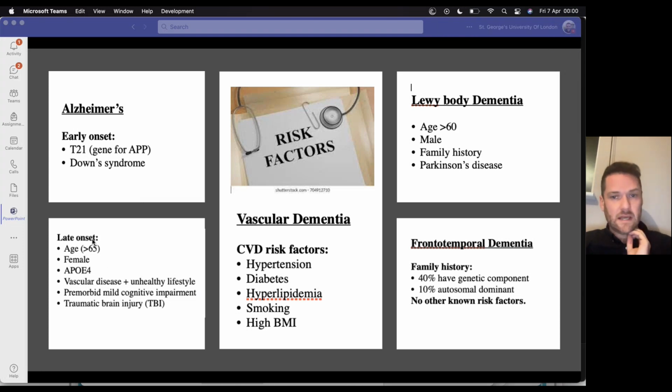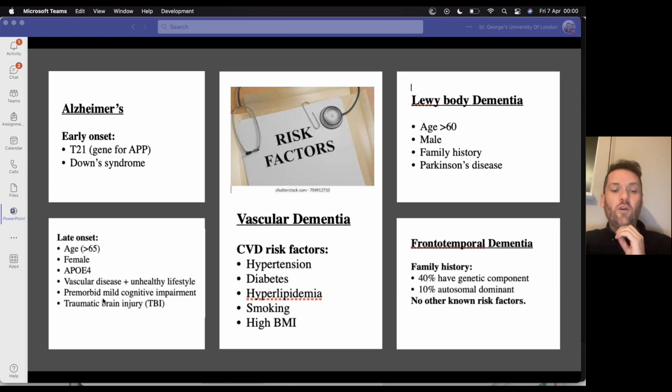But in terms of late onset, how most of us think of Alzheimer's, your typical patient, you're looking for her to be older, over 65, female, looking for an APOE4. That's a gene which has often been linked with Alzheimer's, and also vascular disease, unhealthy lifestyle.